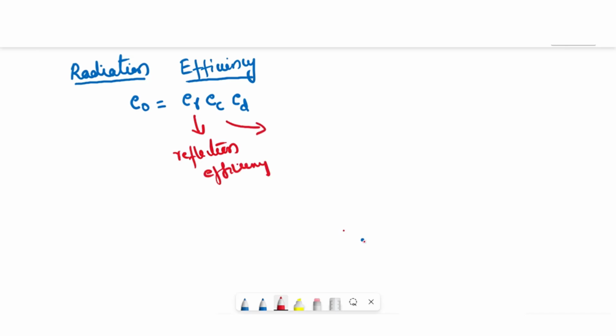What is EC? Conduction efficiency. What is ED? Dielectric efficiency. But this EC and ED, we can't separate these two because simultaneously we are getting the conduction losses and the dielectric losses.